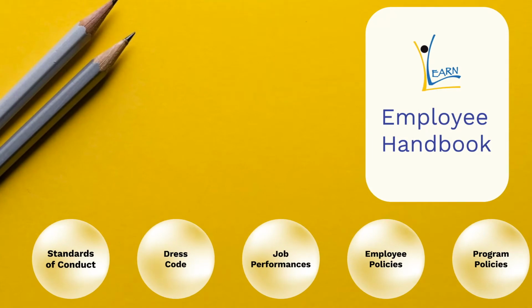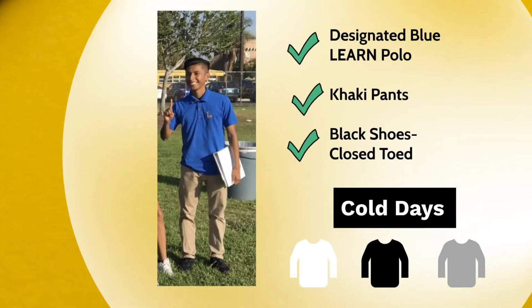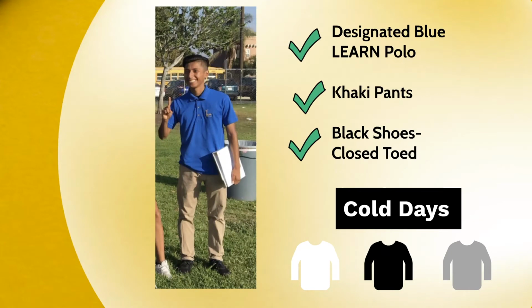Now let's dive into dress code. As you can see on the screen, that is our designated dress code. All of you will have received 2 blue Learn polos during onboarding, and then you'll be required to wear khaki pants. Khaki the color, doesn't necessarily have to be the khaki pants.